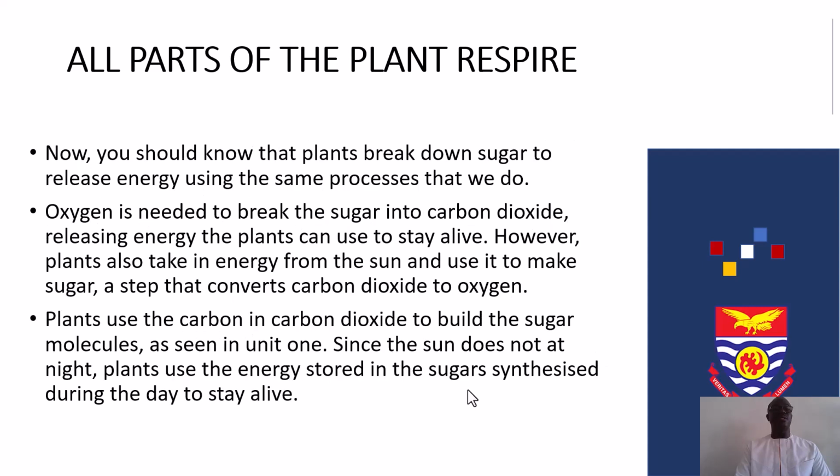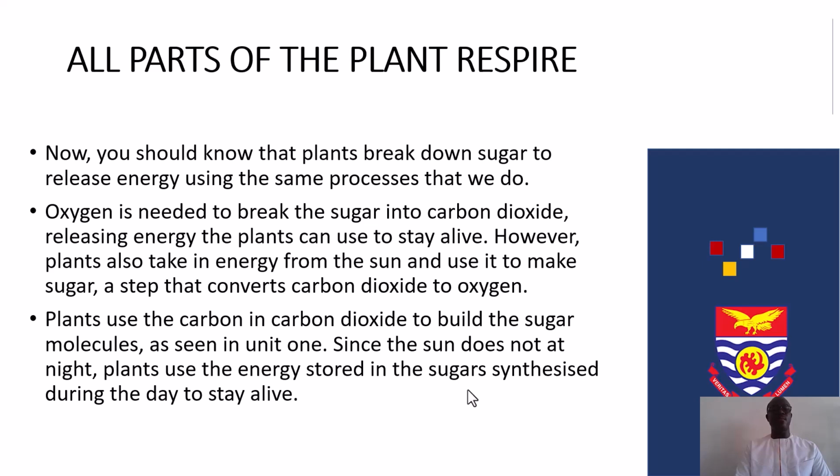Now, you should know that plants break down sugar to release energy using the same processes that we do. Oxygen is needed to break down the sugar into carbon dioxide, releasing energy the plants can use to stay alive. However, plants also take in energy from the sun and use it to make sugar, a step that converts carbon dioxide to oxygen.